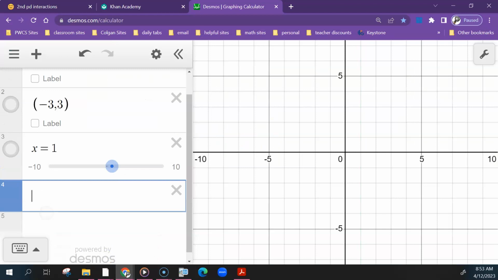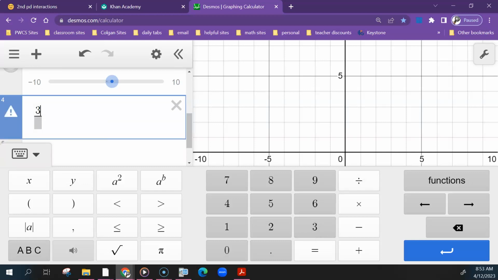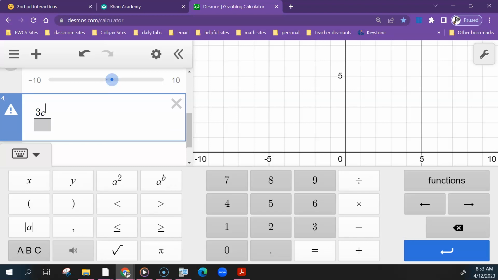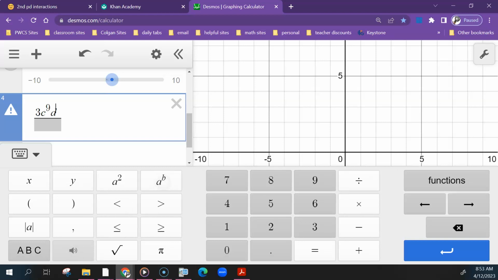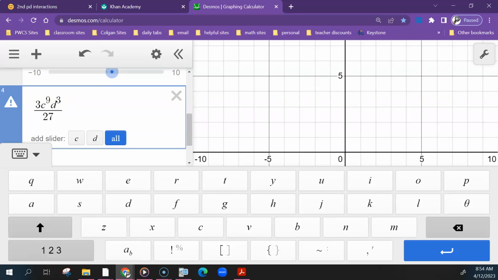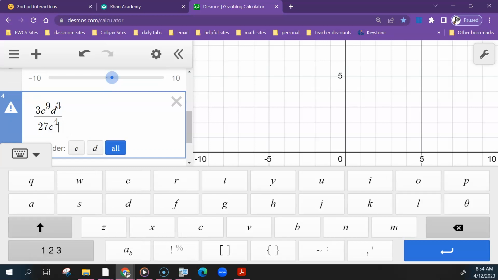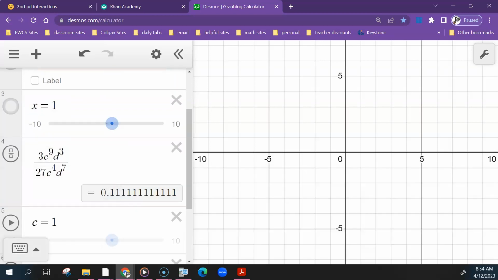So I'll do that really quickly. The original n, I added sliders.